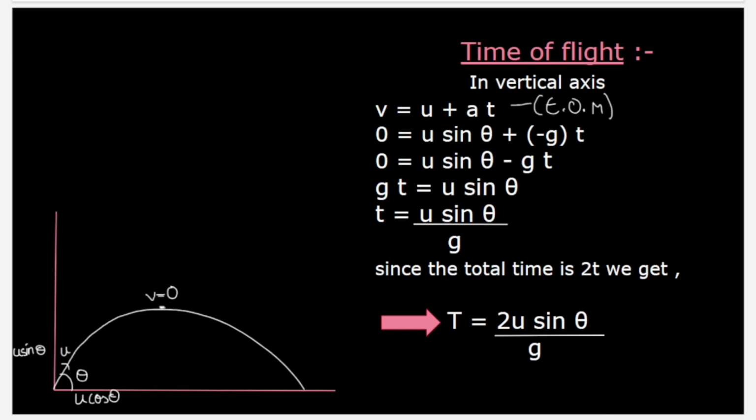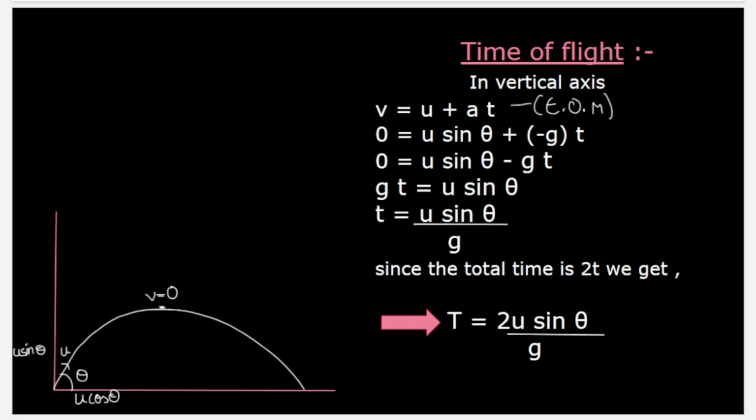So using the first equation of motion, v is equal to u plus at, where final velocity is 0, initial velocity is u sin theta, and since acceleration is acting against the upward motion, we get minus g. And t here is time. Putting all these values, we get 0 is equal to u sin theta minus gt.